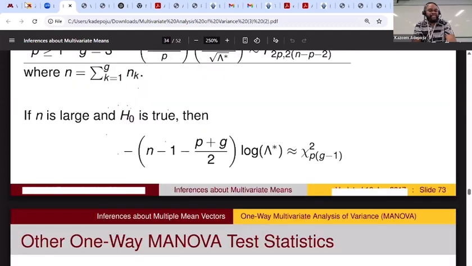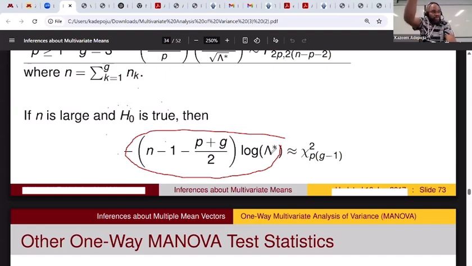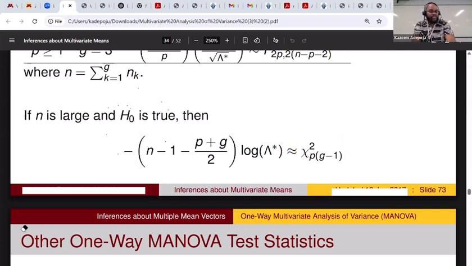But your test statistic is going to change. Your test statistic is going to be this. Don't forget, your Wilks' lambda is still what you get from the other time. So you take the log of that, then n minus 1 minus p plus g, and that follows chi-squared. So you compare this with chi-squared to know whether to reject the null hypothesis or not.